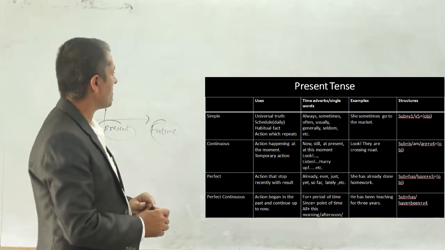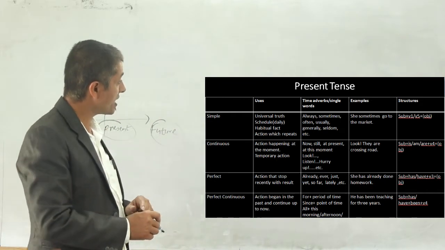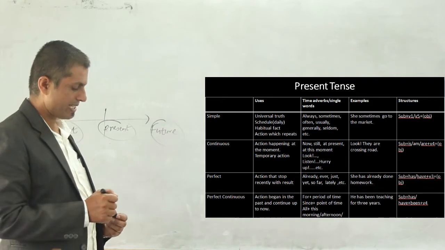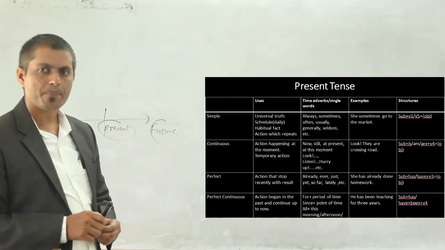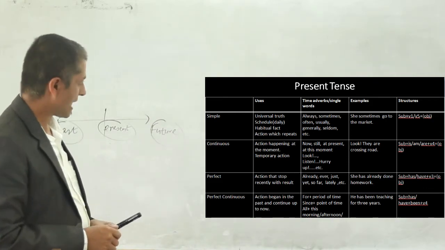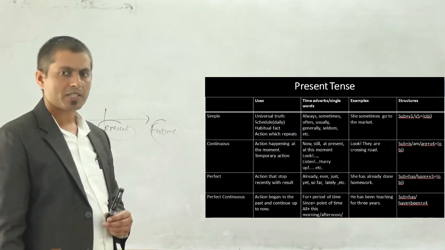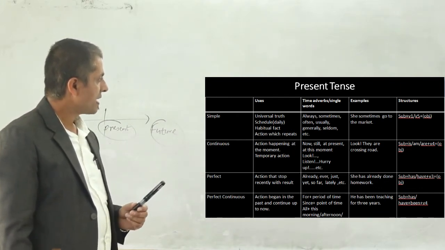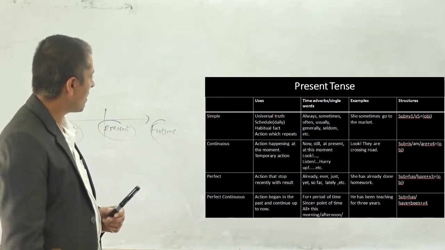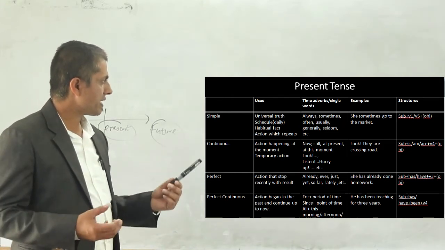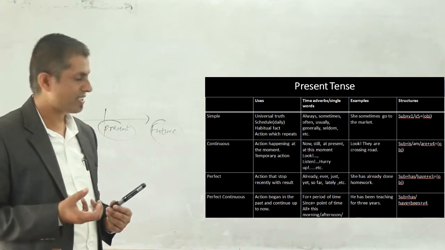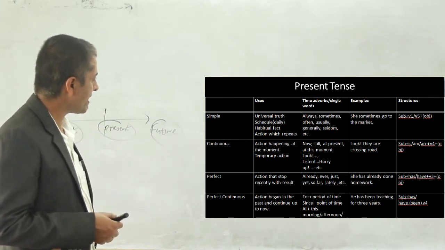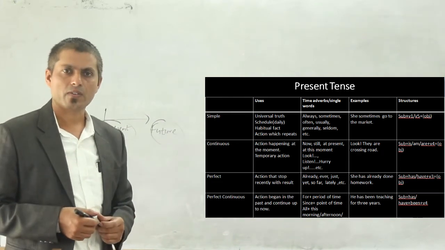Now the time adverbs: always, sometimes, often, usually, generally, seldom, etc. See the time adverbs. With these time adverbs we should use present simple. In the exam also, they are noticeable. Please notice them. If these time adverbs come in your sentence or question, then on the basis of the time adverb, on the basis of the usage, you should find the correct verb.